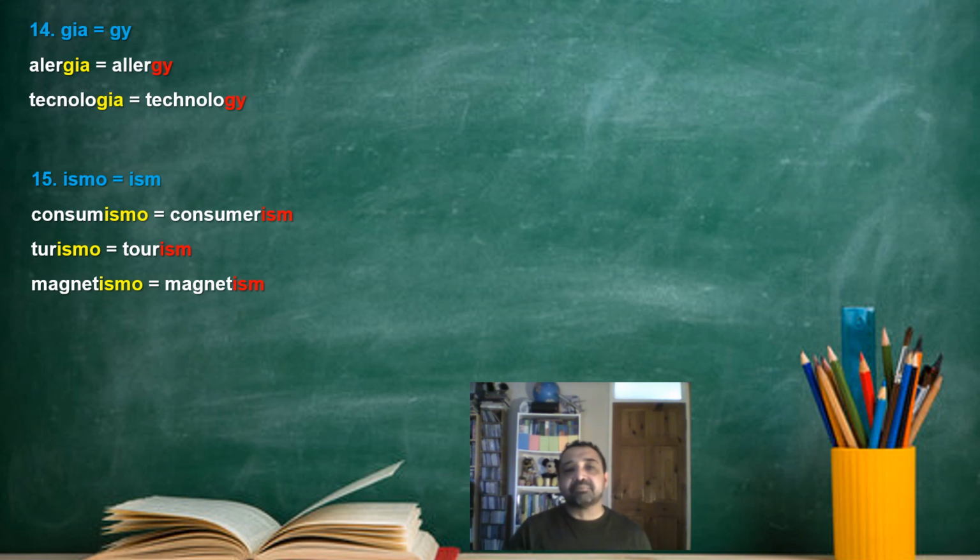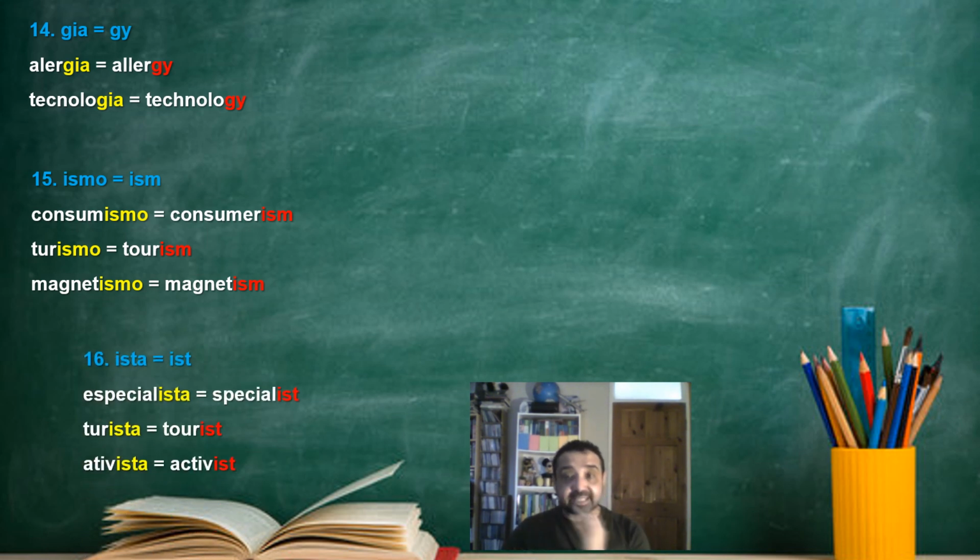Words ending in "ism" become "ismo" in Portuguese, like consumerism, consumismo, tourism, turismo, magnetism, magnetismo. Number 16, words ending in "ist" become "ista" in Portuguese. So specialist, especialista, tourist, turista, activist, ativista.